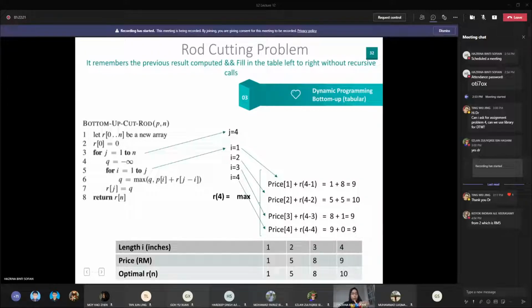So let's say we have a rod of 8, we can use this to manipulate. It depends on the problem. Maybe the problem says length of 5, then they have some other tables. But if this is it, then we can manipulate this table in order to get the best revenue.